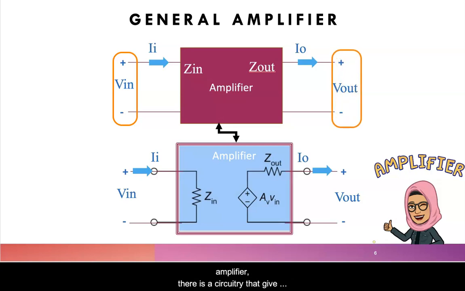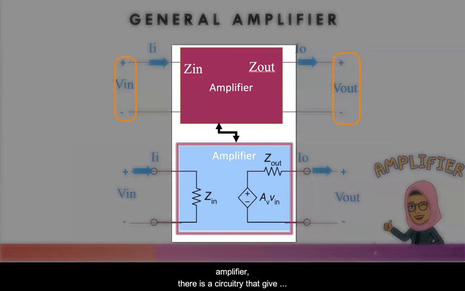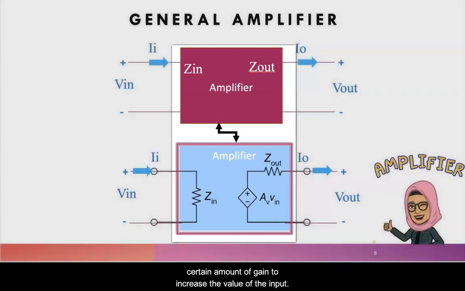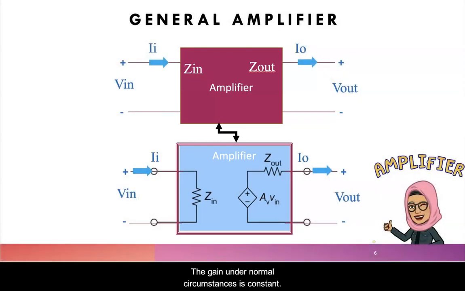Basically, inside of the amplifier, there is circuitry that gives a certain amount of gain to increase the value of the input. The gain under normal circumstances is constant. Thus, a change in the input to the amplifier will result in a change of the corresponding output value, not the change of gain.